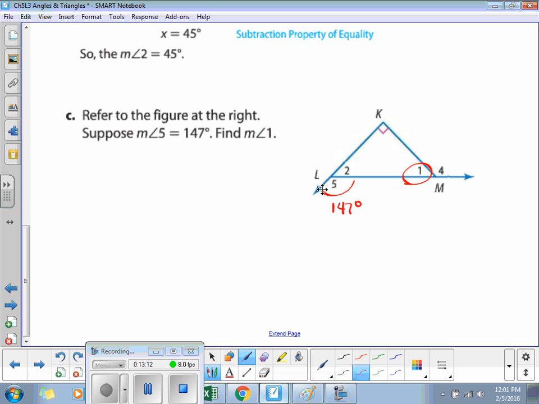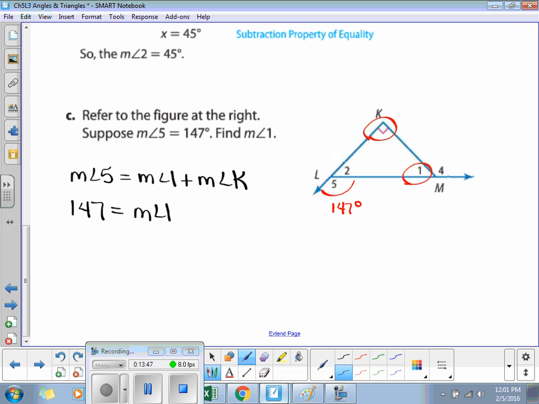Now remember, that exterior angle, the measure of angle 5, is equal to the sum of the measure of angle 1 plus the measure of angle K. Okay? So, we've got 147 is equal to the measure of angle 1, which we don't know, plus the measure of angle K.